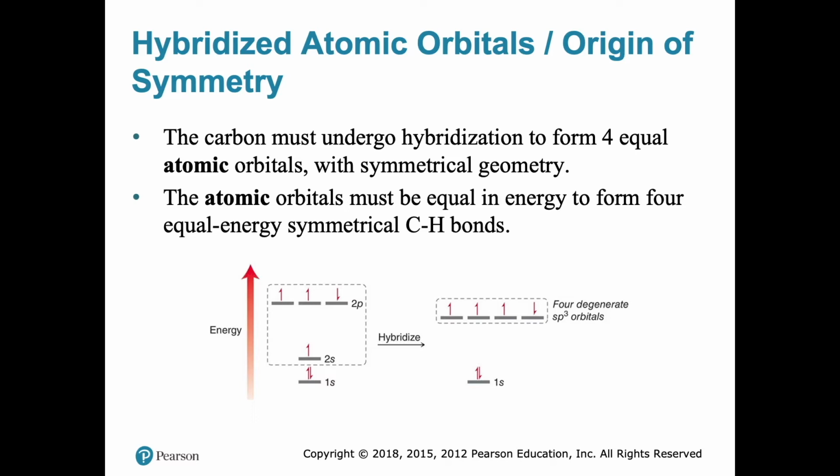When Linus Pauling first did this, all he said was one of the electrons from the 2s orbital gets promoted to the 2pz orbital. So now you have 4 free. You have your tetravalent carbon, okay?